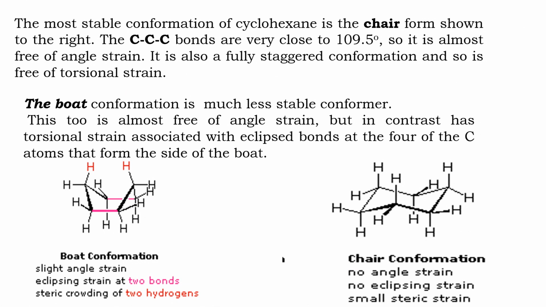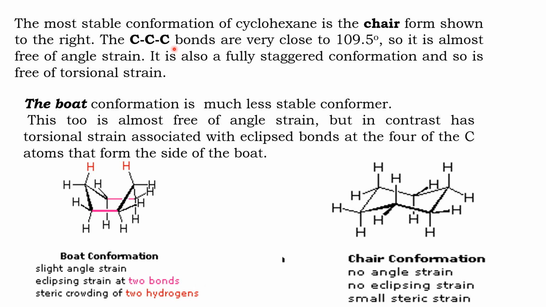See here, in the case of boat conformation, it has angle strain. The eclipsing strain is also there. Steric crowding is also there, the steric crowding between the extreme carbons. But these strains are not there in chair conformation. In chair conformation, we could say there is no angle strain, no eclipsing strain, and very small steric strain, while for boat conformation all these strains are there.